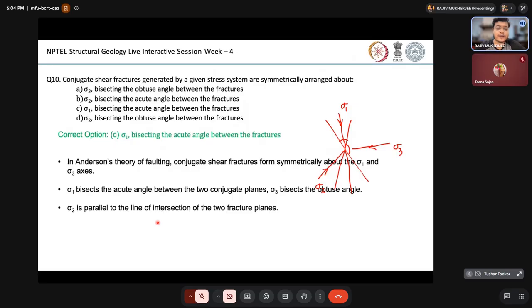So the line of intersection goes right into the plane like this. If you have shear fractures like this, the line of intersection is basically lying vertically out of that plane. So sigma 2 is parallel to that direction. So that is how option C is the correct answer to this question.